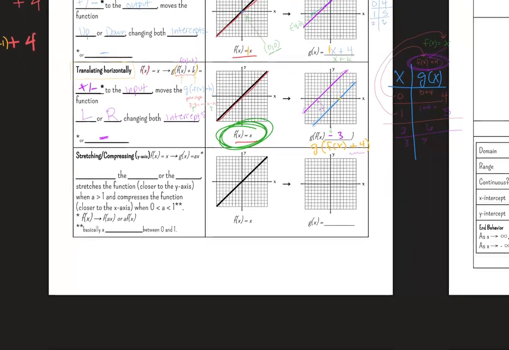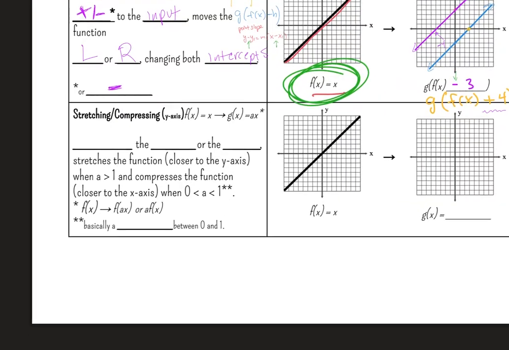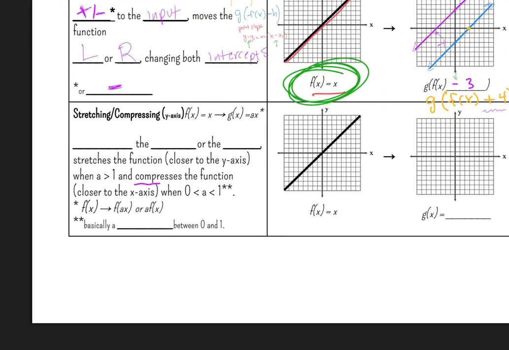Okay, next, stretching and compressing. We are going to be compressing first, but we're going to start with f of x equals x. There's the regular guy. If you're going to stretch, you are going to multiply the output or the input.